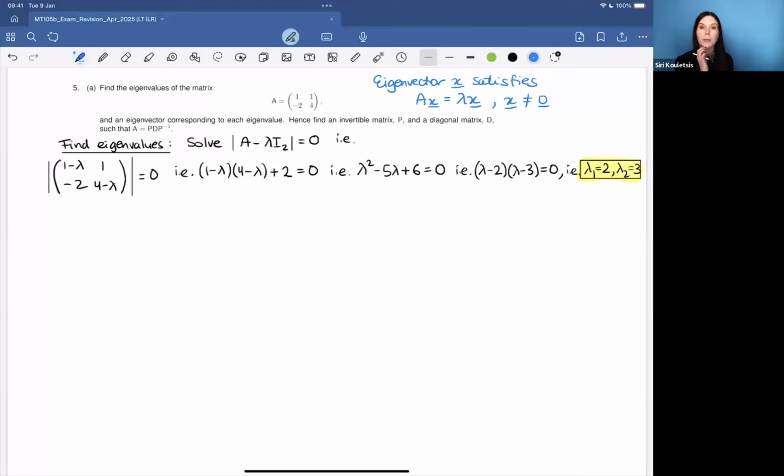So an eigenvector cannot be the 0 vector. In other words, the matrix A stretches an eigenvector X by a factor of lambda.